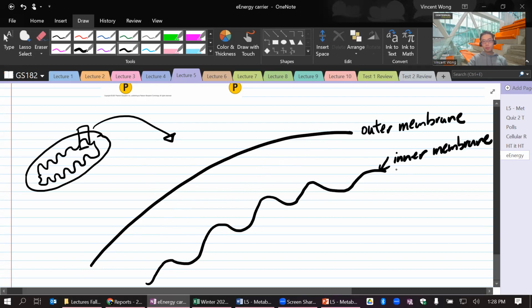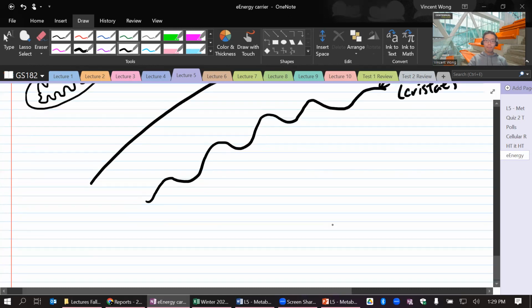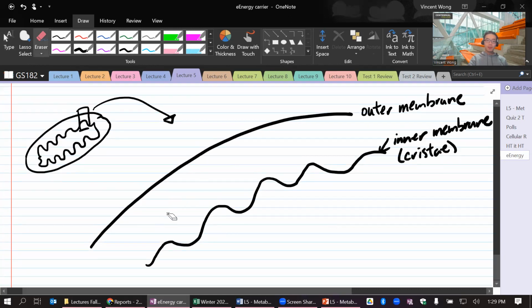And it forms these foldings to increase surface area, called cristae. The space between the outer membrane and the inner membrane, that is the intermembrane space. We have the matrix on the inside.